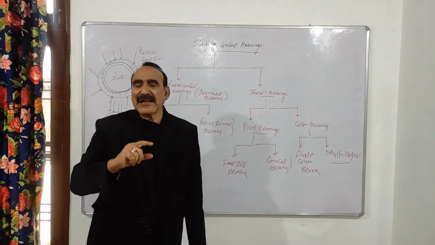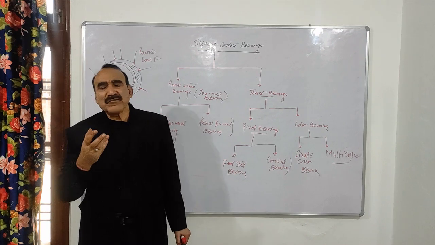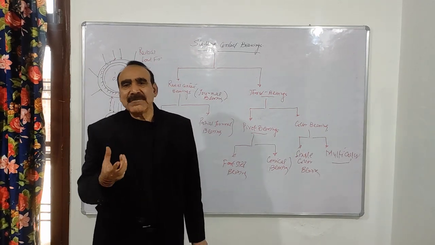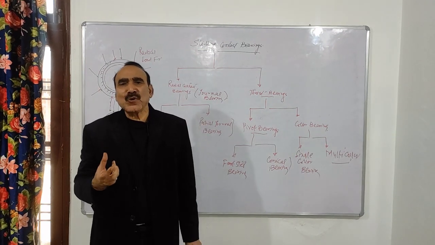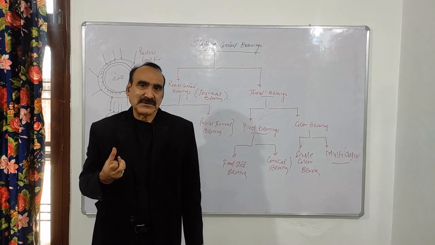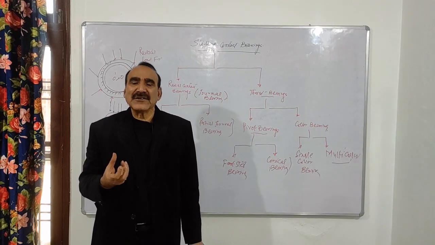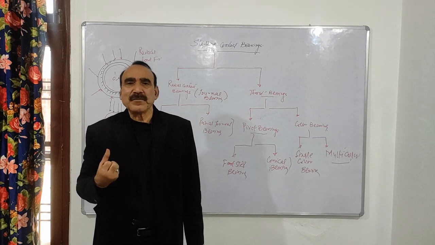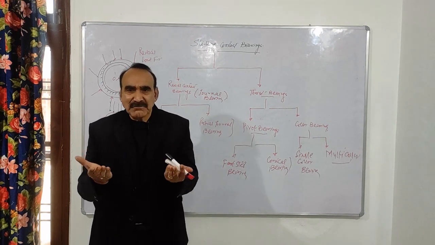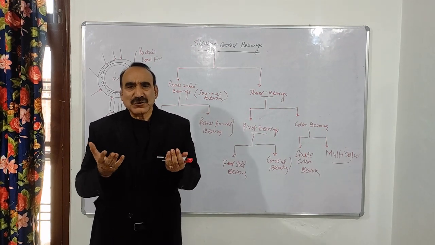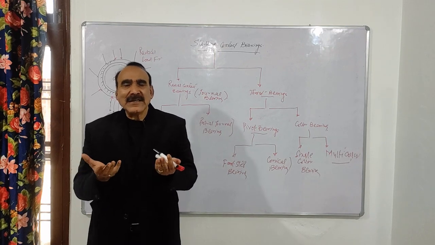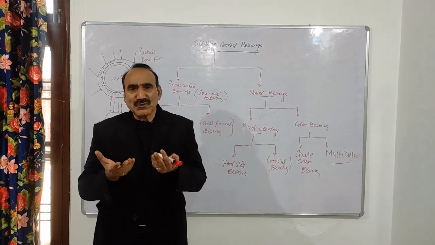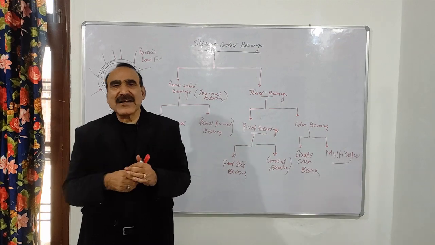In case of axle is rotating, and the axle means it has to support the weight of the wheel or weight of the body. एक्सल का क्या काम होता है? वेट को सपोर्ट करना. या जो व्हील है आपका, अगर व्हीकल है, इंजन है, कोई भी है, तो उसको आपने सपोर्ट करना, ये एक्सल का है.